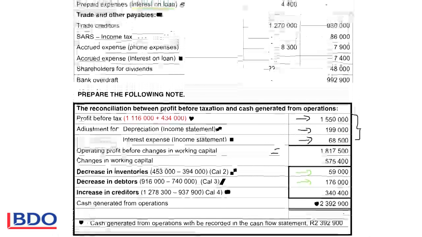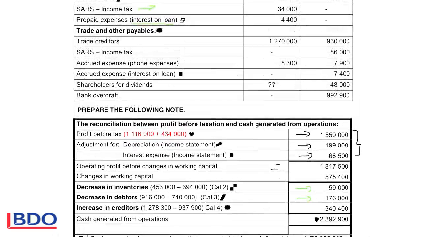If we look at the creditors, we see that there are creditors movement from 930,000 to 1,270. That means that the creditors increase from the previous year to the current year. If there's an increase, the money was not paid to the creditors.